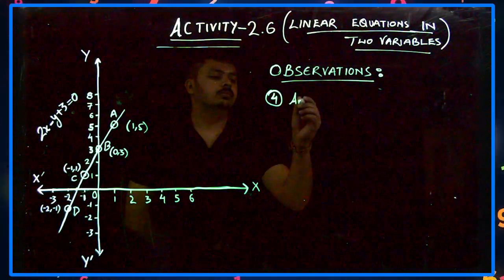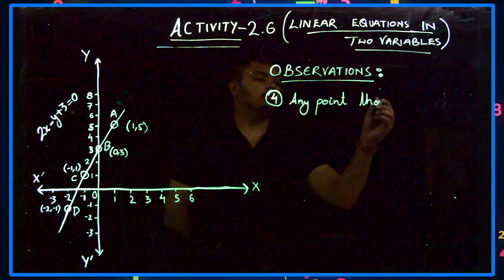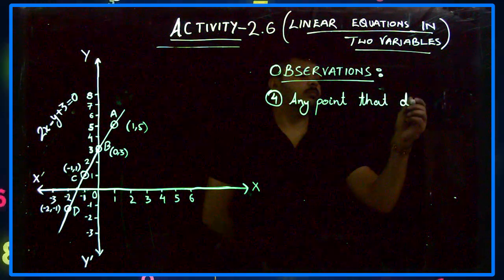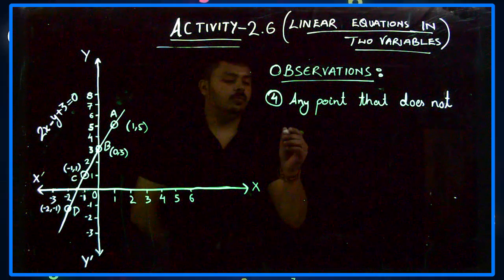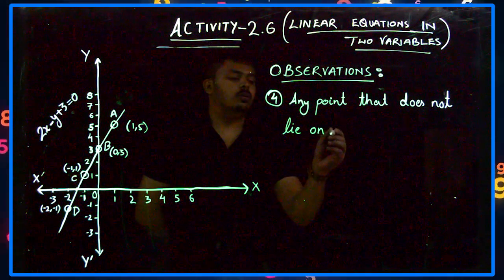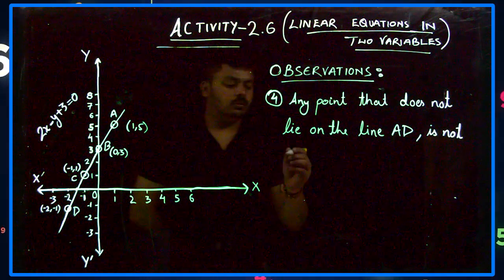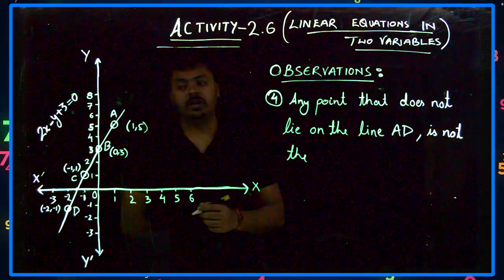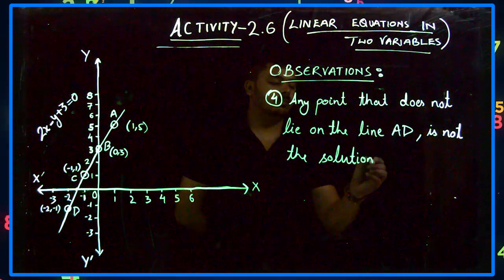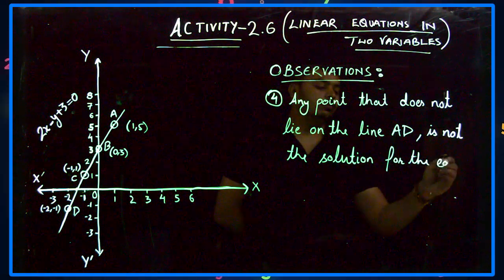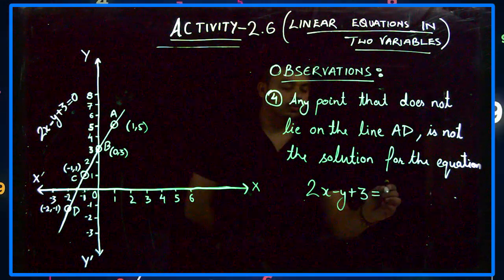Now observation 4, any point that does not lie on the line AD is not the solution for the equation 2x minus y plus 3 equals to 0.